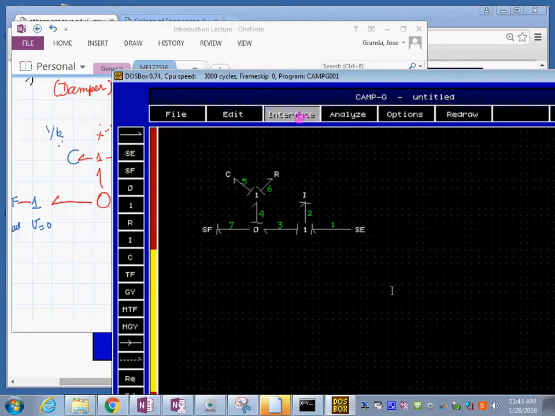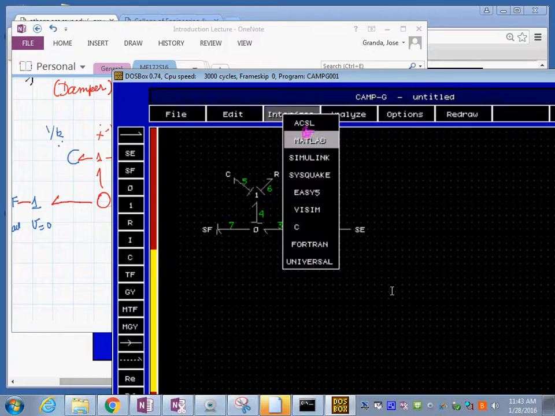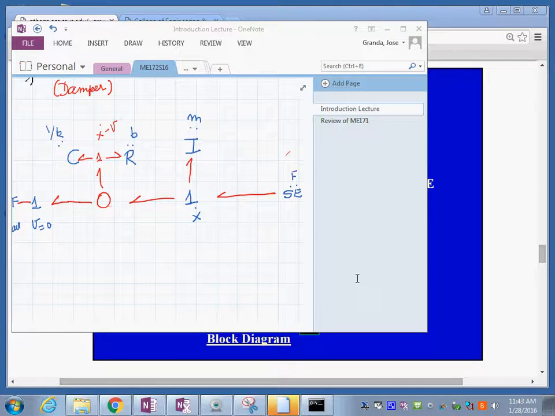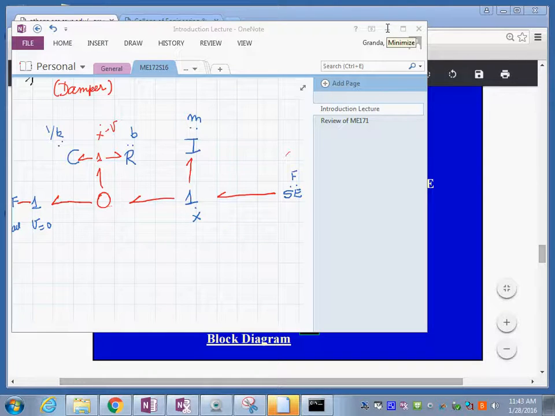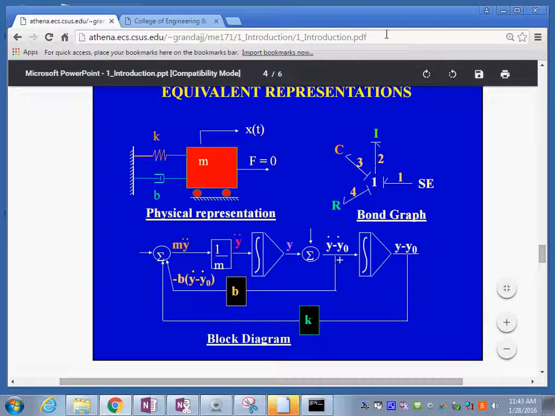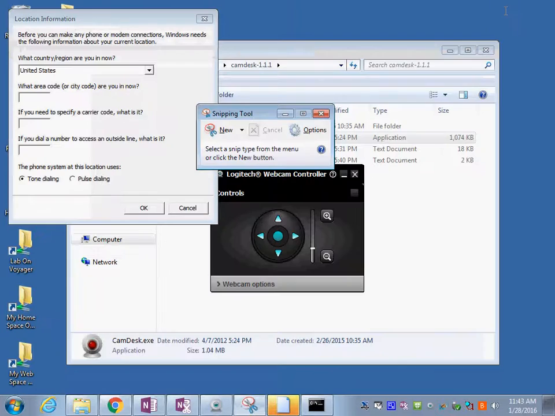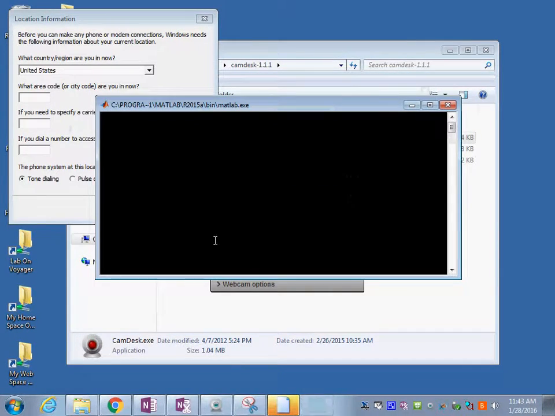And now what we're going to do is say, hey, just go to the MATLAB software. The computer is going to derive the differential equations of the system. We have given it the model, and now it will actually go to MATLAB.